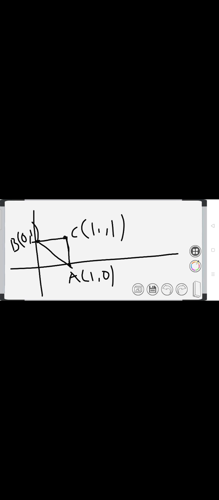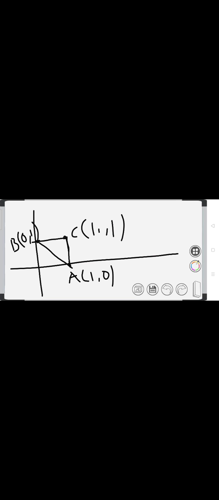So as per the question, what they have told you is that you have to translate this by 1 unit in the x direction as well as 1 unit in the y direction, and then you have to perform rotation. When you translate this by 1 unit on the x axis as well as y axis, on the x axis you will reach at this point, on the y axis you will reach at this point.